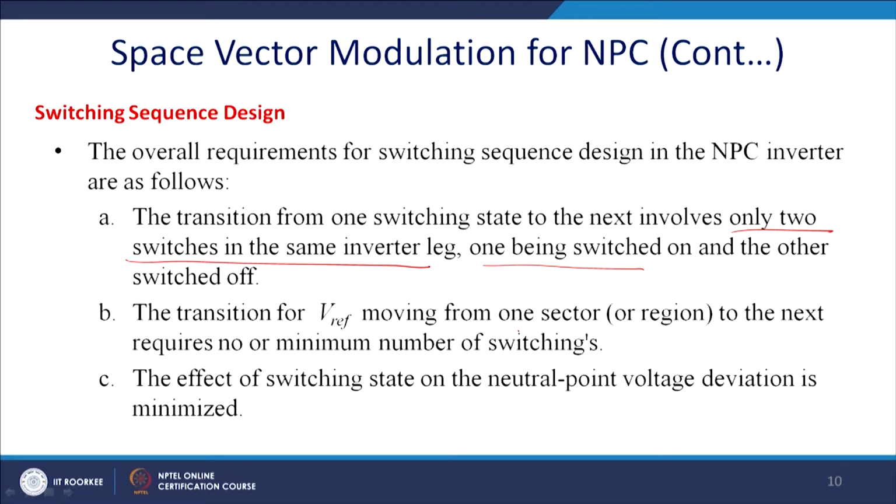Transition of VREF moving from one sector or region to the next sector requires no or a minimum number of switchings, and the effect of the switching states on the neutral point deviation needs to be minimized. Based on this principle, we shall calculate the switching timing of the reference vectors for the diode-clamped 3-level inverter, and of course, you can go for any level of inverter by the same method.